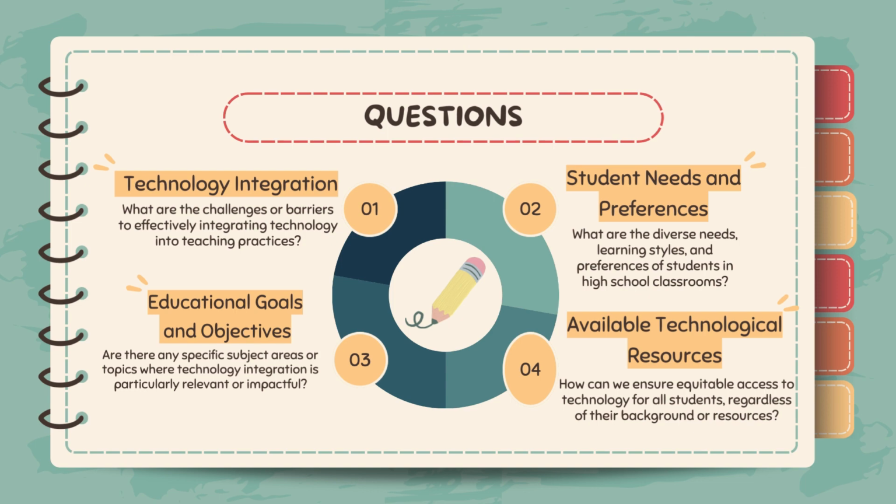The following question would be focused on educational goals and objectives. So, are there any specific subject areas or topics where technology integration is particularly relevant or impactful? And then the last being available technological resources. So, how can we ensure equitable access to technology for all students regardless of their background or resources?